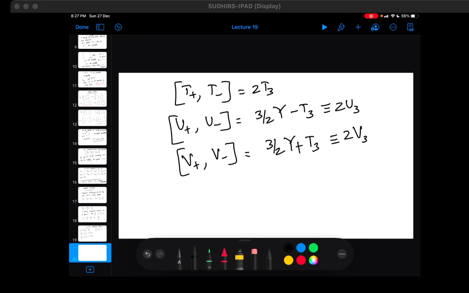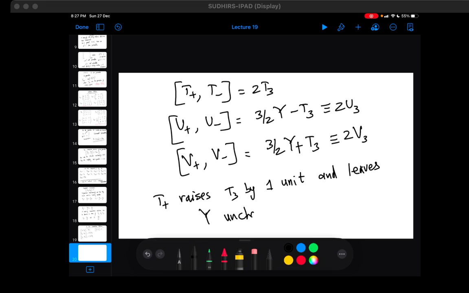To summarize all these things: T plus raises T3 by 1 unit and leaves Y unchanged.